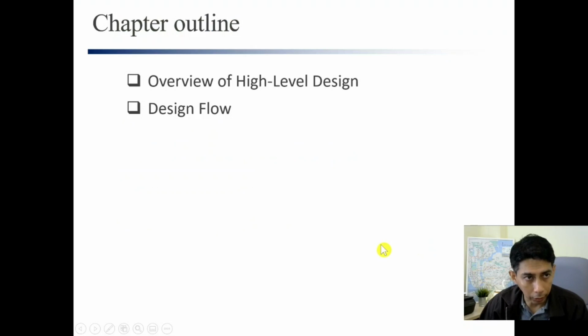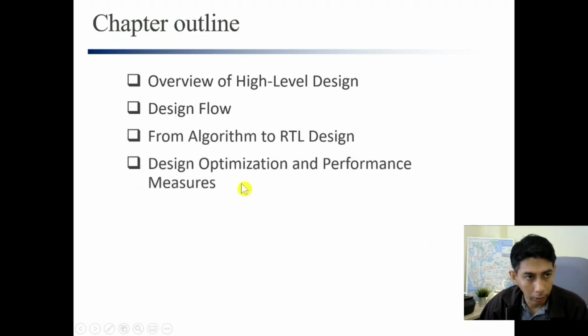This is the chapter outline. So we are going to learn the overview of high-level design, and we will look at the design flow, and we will see how we design the circuit starting from algorithm, and we convert to the RTL design, which we have learned in chapter 5 already.